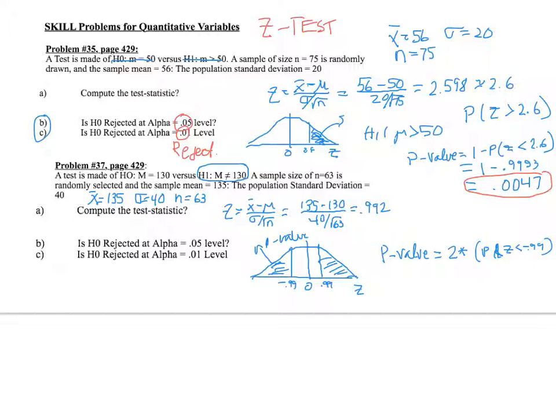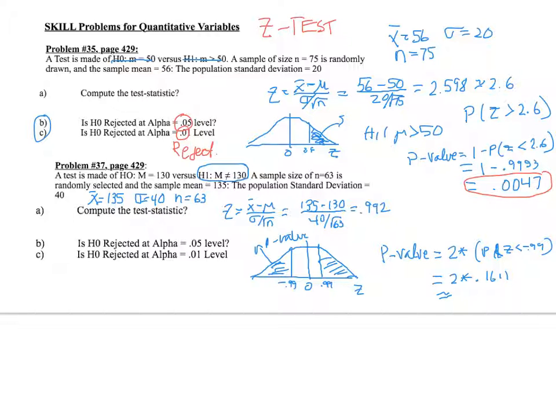Okay, and when we look that up on the table, this is going to be 2 times 0.1611, right? Which is approximately equal to, I think, 32%.